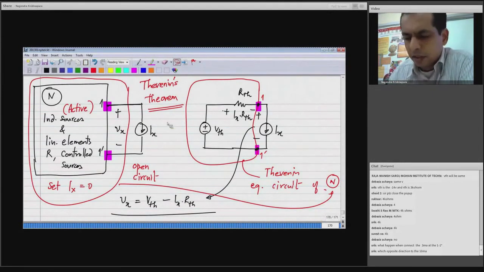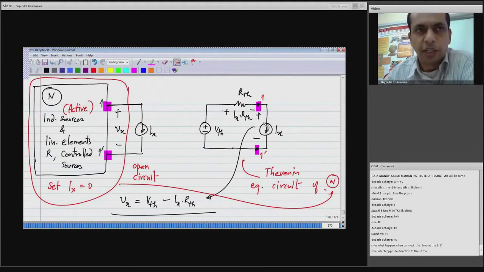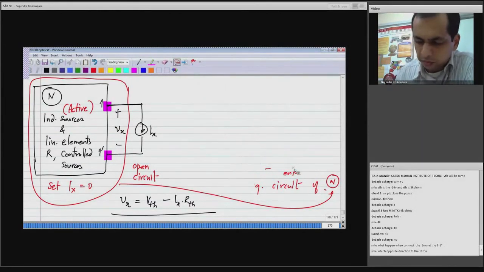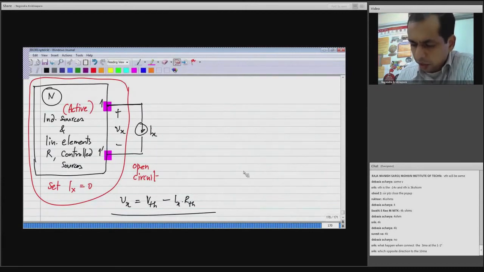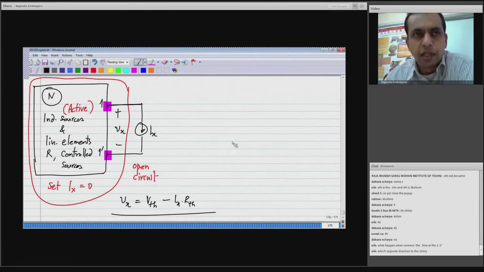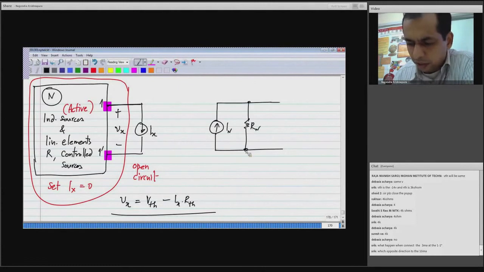Now, there is another theorem which I will not prove. You can try to prove it yourself by following analogous methods, and if you get stuck somewhere you can ask me later. So instead of using a voltage source and a resistance in series, any network of the same type, any network with linear elements and independent sources, can be represented by a current source IN and a resistance Rn in parallel.